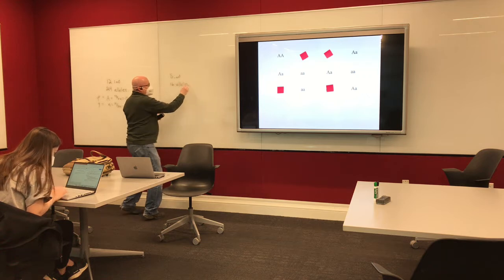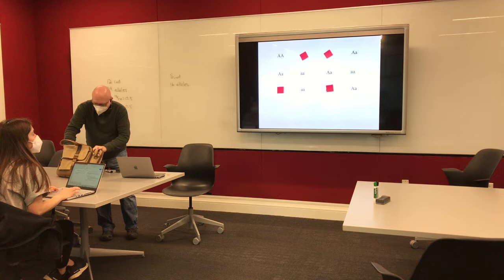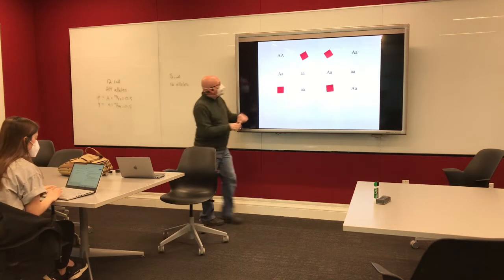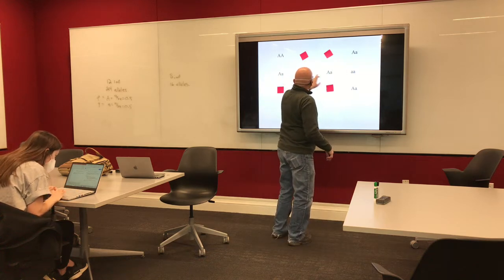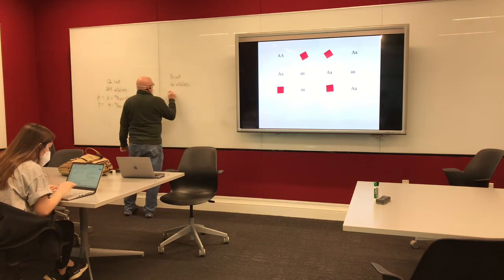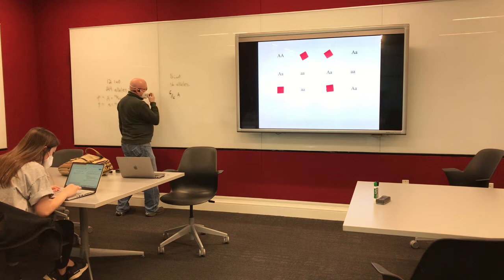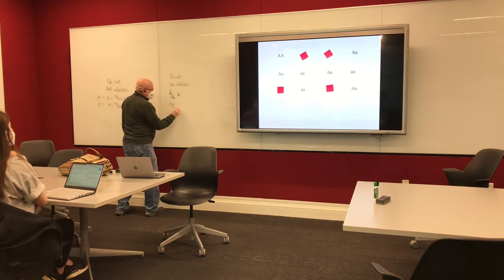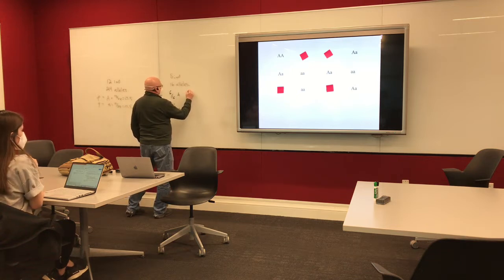How many of those are the big A allele? 1, 2, 3, 4, 5, 6. 6 out of 16 are the big A allele, which basically means that 10 out of 16 are the little a allele. So this is 3/8.